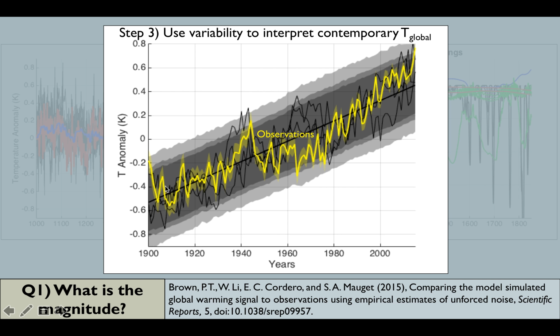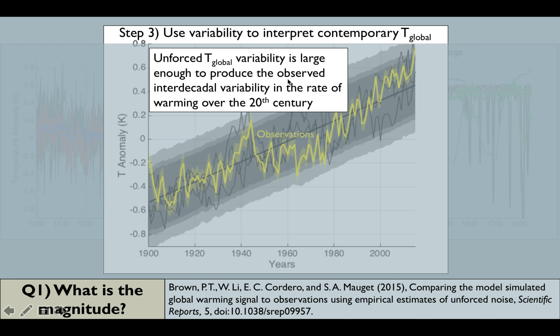And so this is showing that the interdecadal change in the rate of global warming that we saw over the 20th century, so the strong warming from the 1900s to the 1940s, then a hiatus to the 1970s, then warming again essentially up to the present, that interdecadal variability does not necessarily require changes in the forced component of variability. And you could potentially get that just from unforced variability. That's essentially what this model is saying.